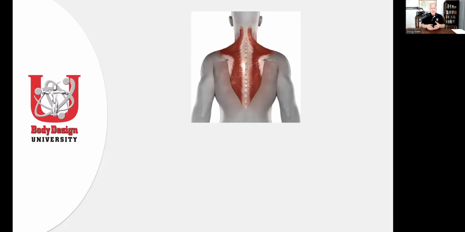And the shoulders will elevate and you'll get what's known as scapular elevation, i.e. that shrugging maneuver that occurs.